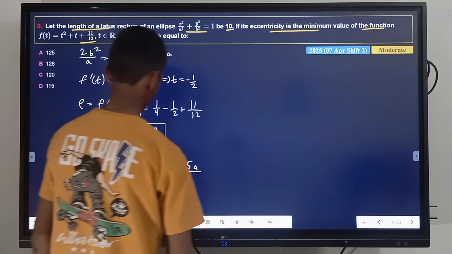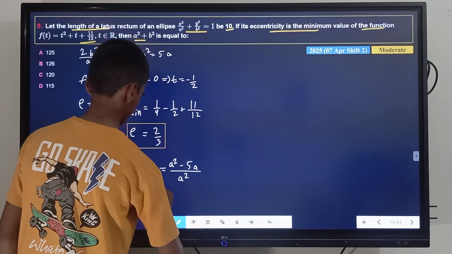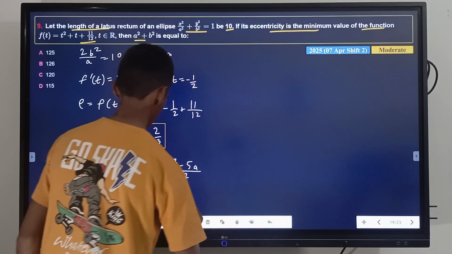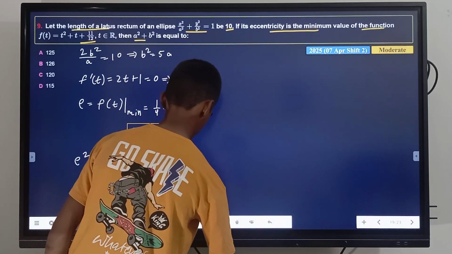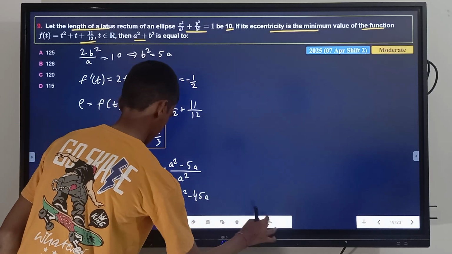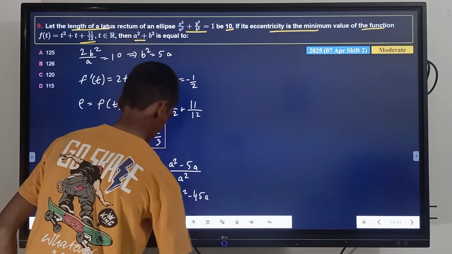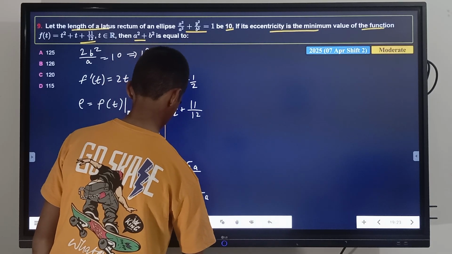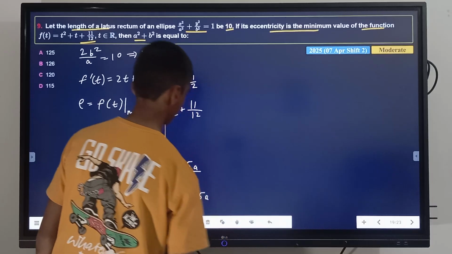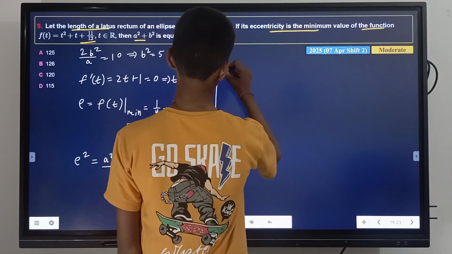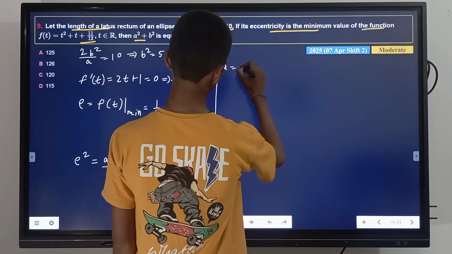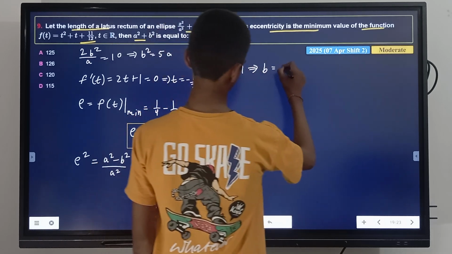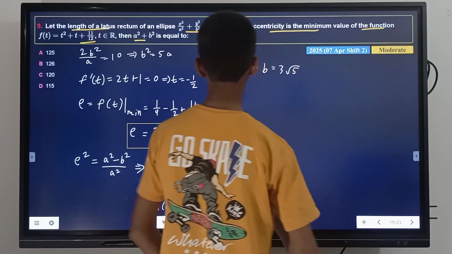So from here we will get 4a square is equal to 9a square minus 45a, taking 5a common, we will get a minus 9 is equal to 0. So from here our a is equal to 9. A is equal to 9, then b is equal to 3 root 5.